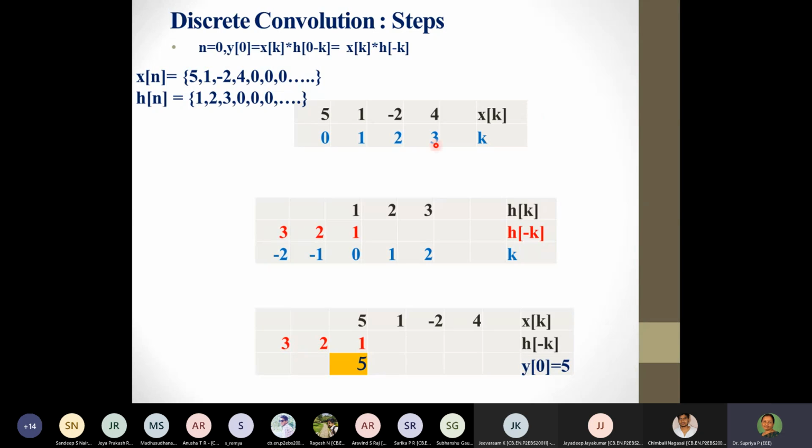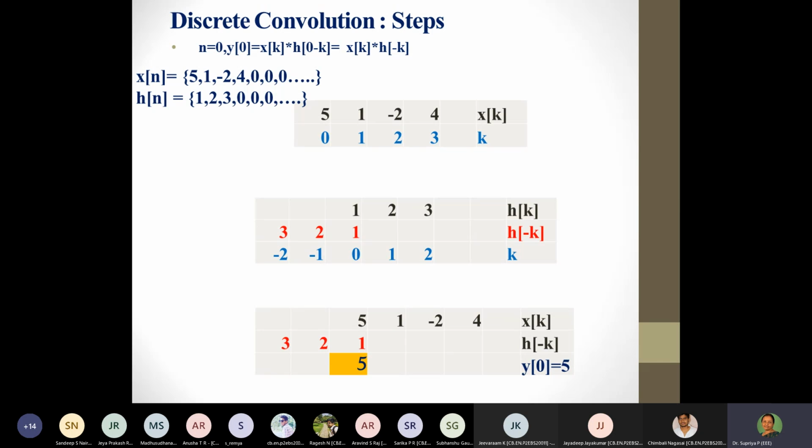So when k is equal to 0, 1, 2, and 3, the values of x of k, that is the magnitude or the amplitude of the signal, are 5, 1, minus 2, and 4, as has been written near each of its values. Next, similar to that, we would like to represent h of minus k directly.